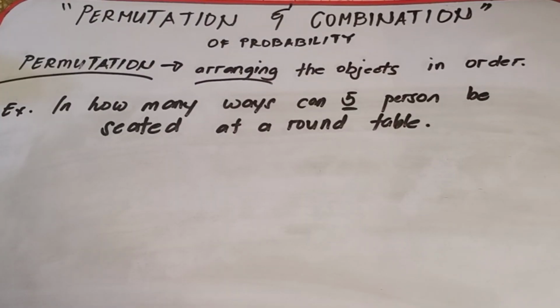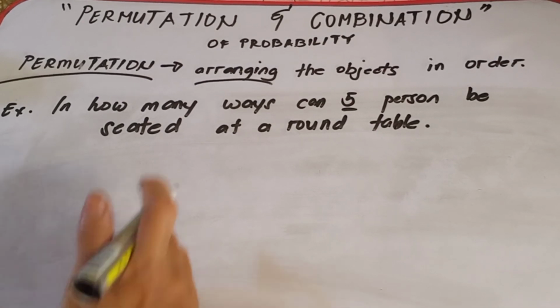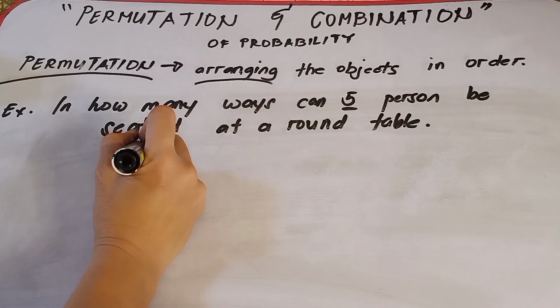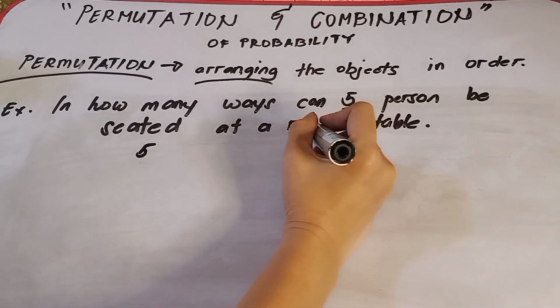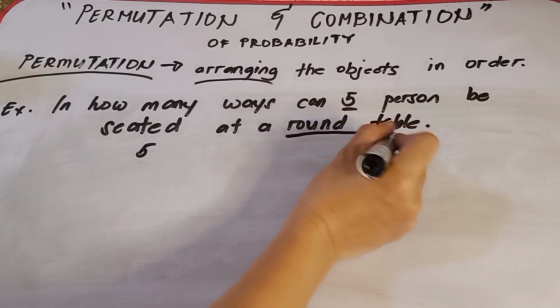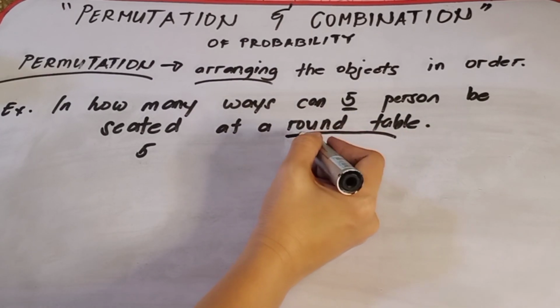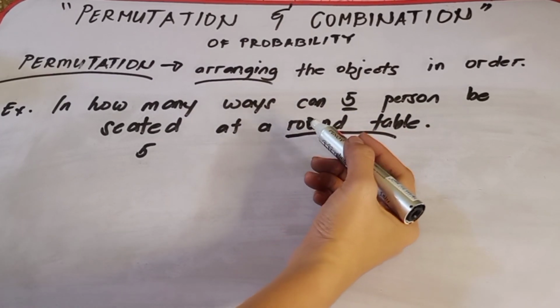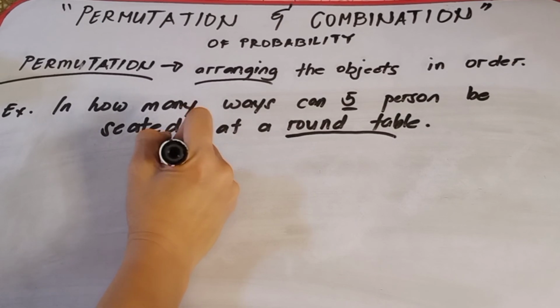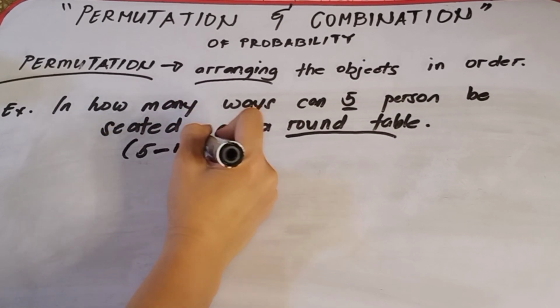Let's have another example. In how many ways can 5 persons be seated at a round table? So, in this example, yes, we will still going to use the fundamental counting principle, which is 5 factorial. However, sa our problem is at a round table. So, that is 5 minus 1 factorial.